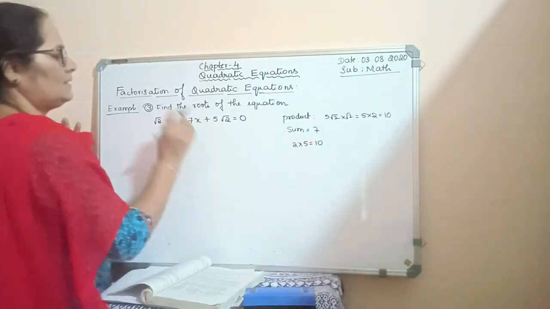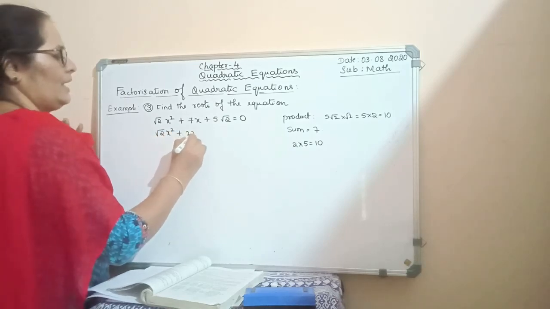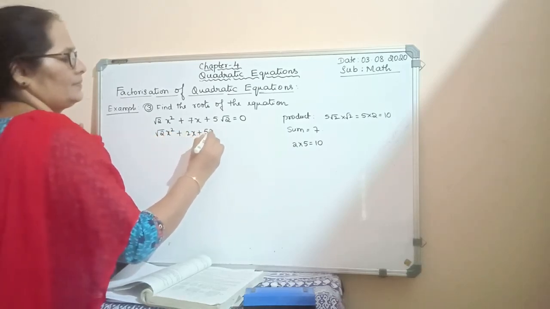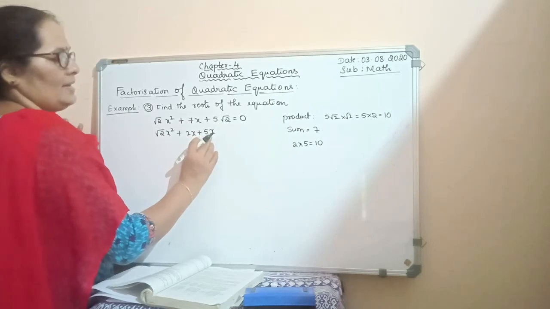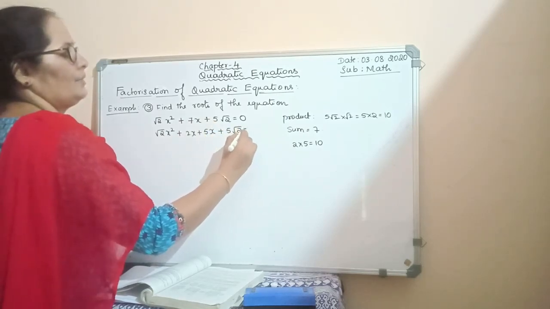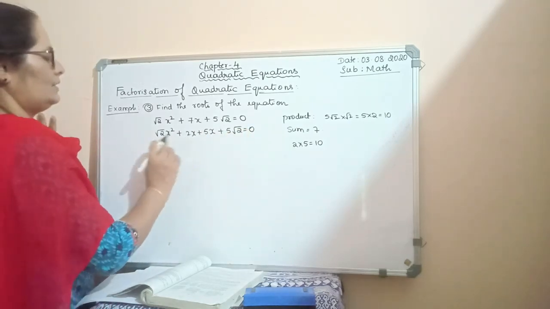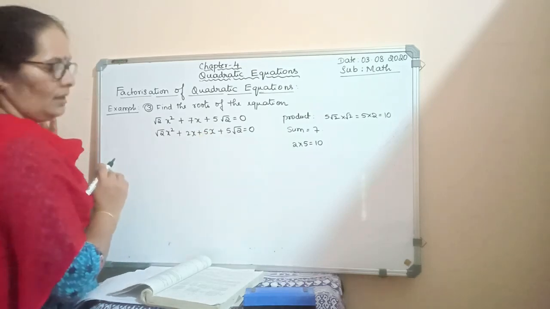So you can split the 7 as 2x plus 5x. 2x plus 5x is 7x, plus 5 root 2 equals 0. Now in these two and these two we have to take the common factor.